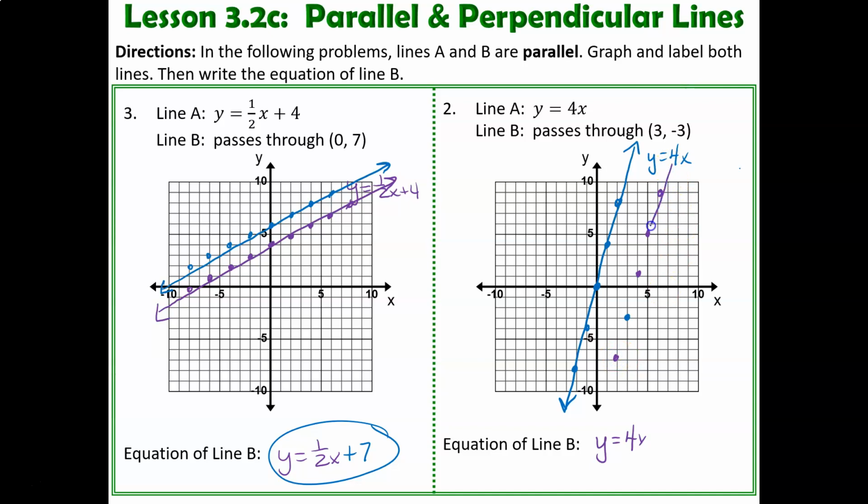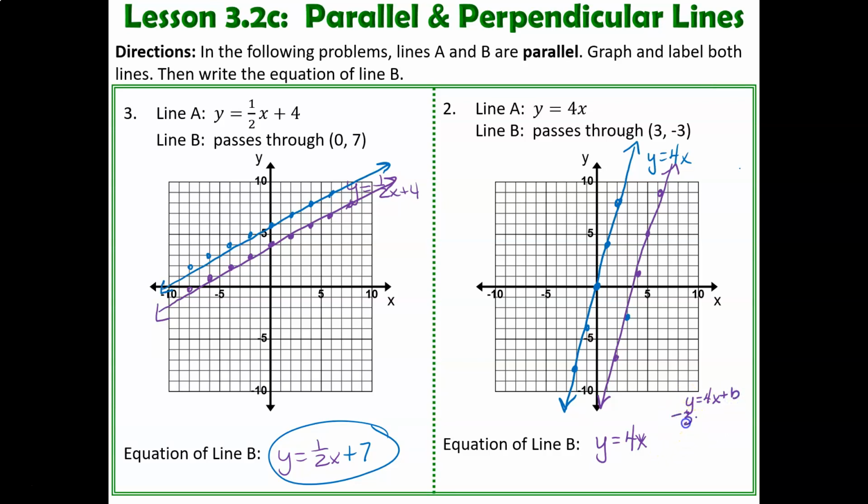Okay, so here's the trick though. We can't really see where it passes through the y-axis, so we can't write the equation from this information. So we're going to have to use the point and the slope. So I have y equals 4x, and I know it passes through the point 3, negative 3.